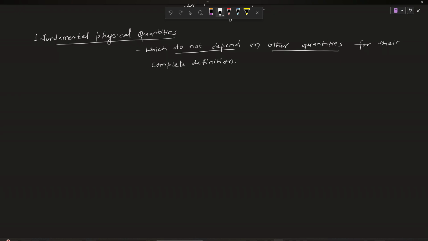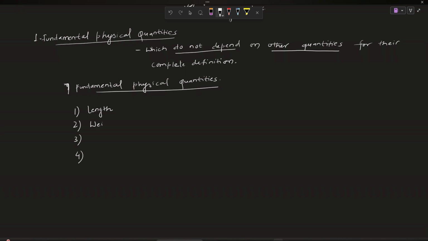There are 7 fundamental physical quantities. Note them down. First is length. Second is mass.